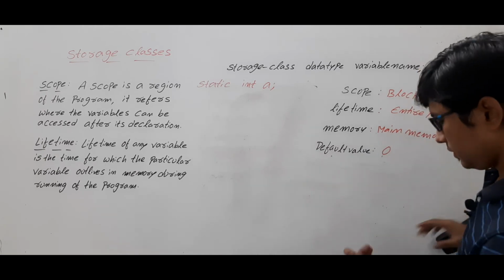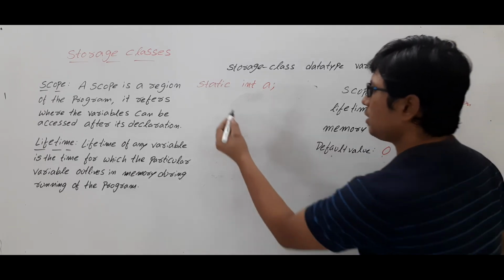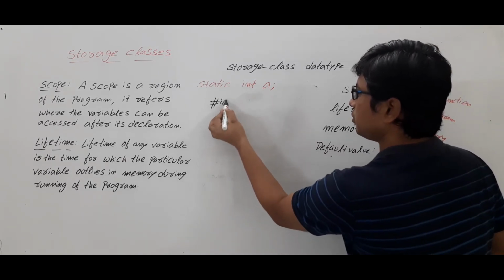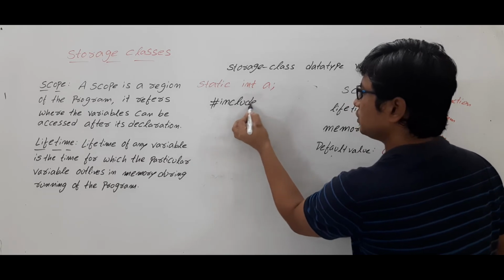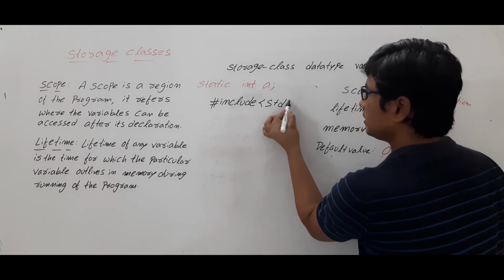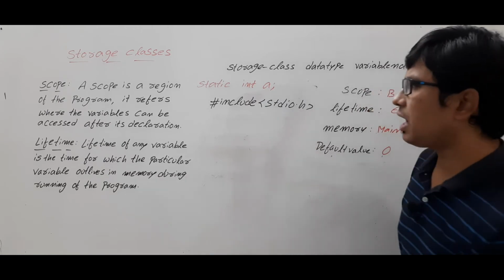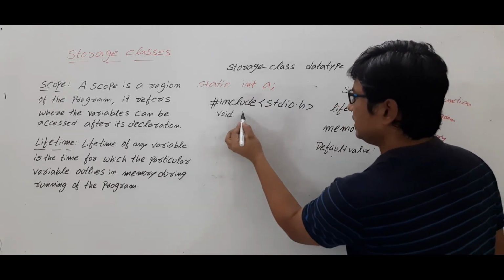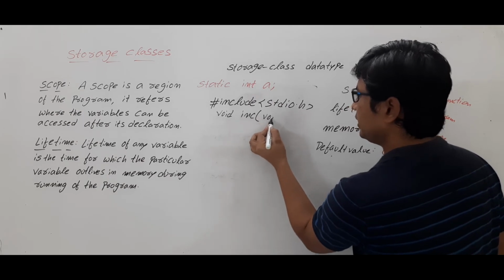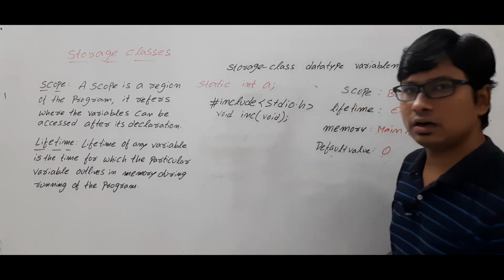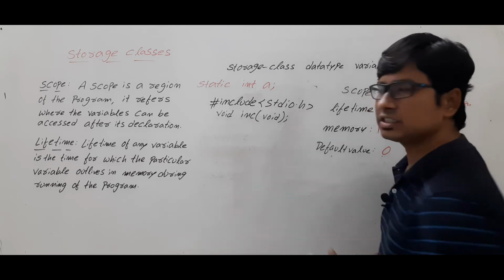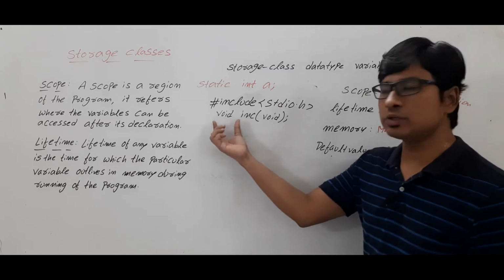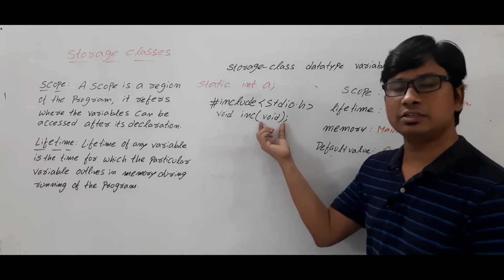Suppose you have written a small program: hash include stdio.h. You have written void inc, then void in the parameters. So this is the user defined function called inc, and the return type is void, and the parameter is also void.